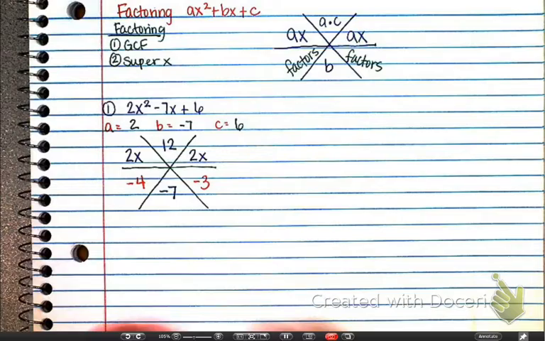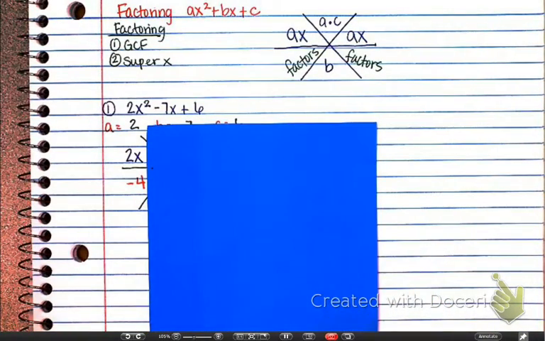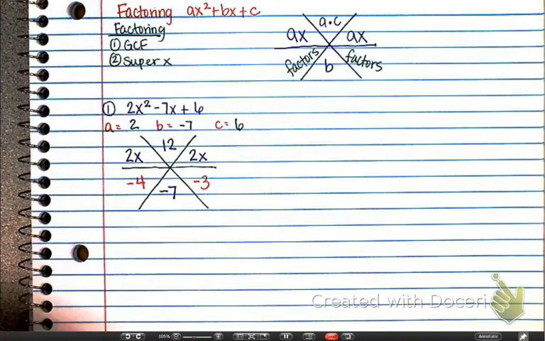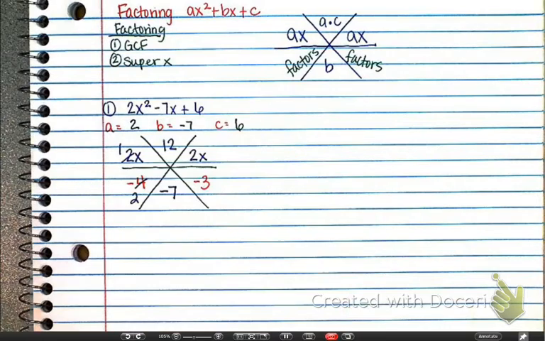If I cover up all of this, what does that look like to you? Does that look like a fraction? 2x over -4? Yeah. Everyone see that? What do we do with fractions? We simplify them. Can I simplify 2 and -4? Yeah. By what? By 2. So 2 goes into itself once, 2 goes into 4 twice.